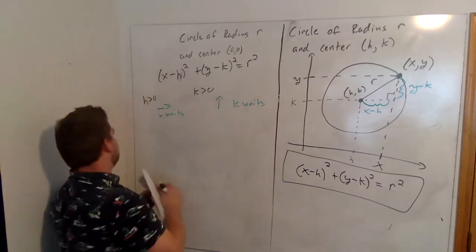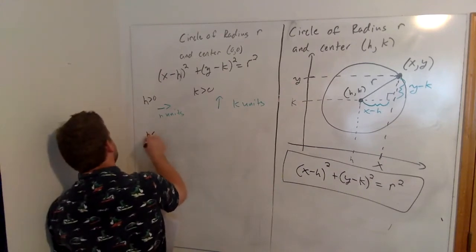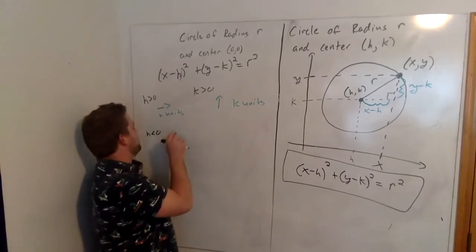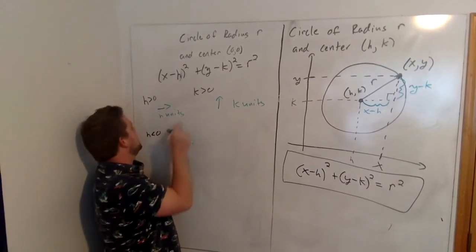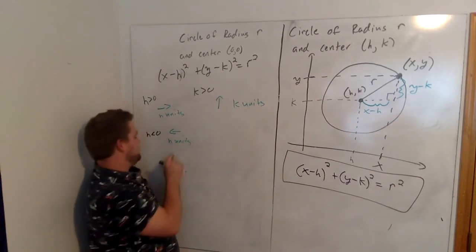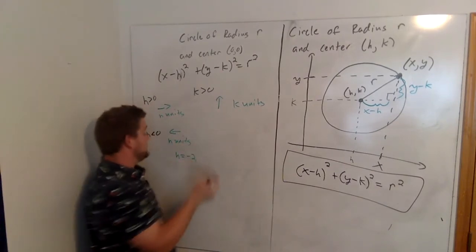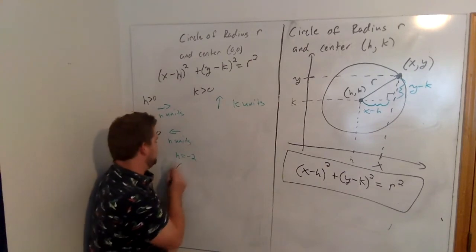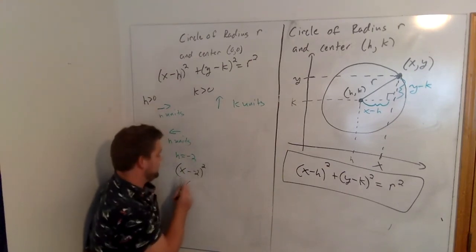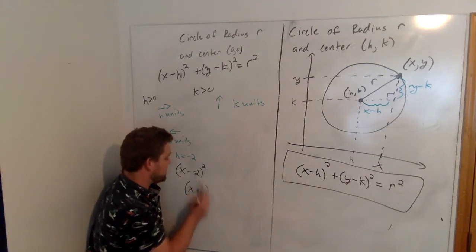If h was negative, getting a little crammed over here, if h was negative, this would shift the graph to the left h units. So for example, if h was something like negative 2, this would be (x minus a negative 2) squared, or this would be (x plus 2) squared.